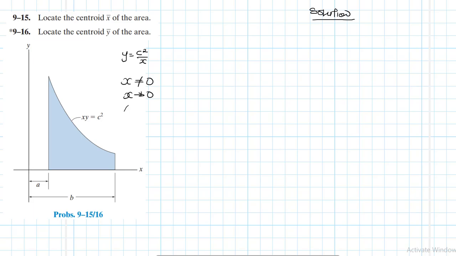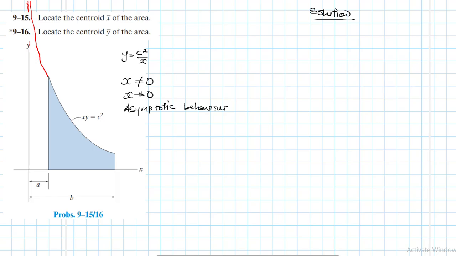This behavior is called asymptotic behavior. This is where this line will keep on increasing, but it will never touch the y-axis. It keeps on going up like so, okay?